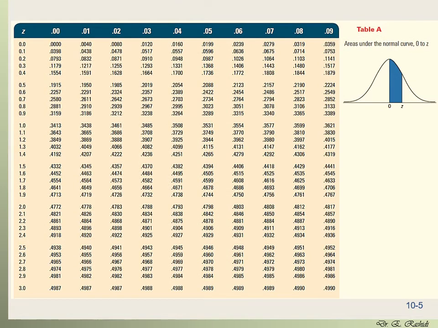This is the standard normal distribution table from statistics that you can use to either find a probability given the value of Z, or if you have the probability, you can find Z. However, this might be a little bit different from the table that you have seen before.